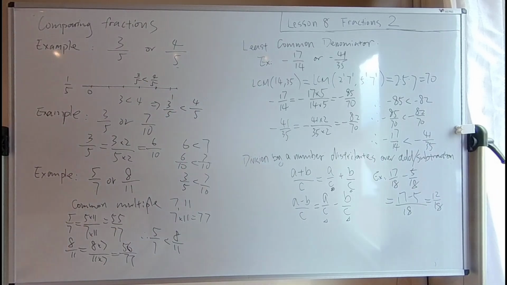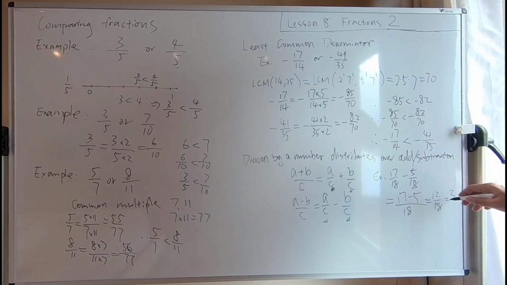We had that before as well, that we can further simplify this fraction by dividing the common factor from numerator and denominator. So in this case, I can see that 6 is a common factor. 12 divided by 6 is 2, and 18 divided by 6 is 3.